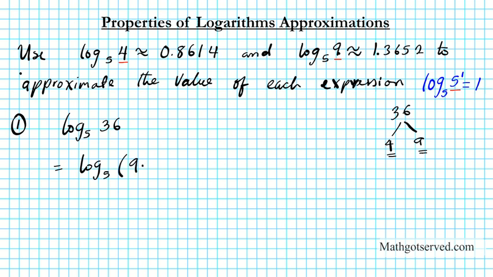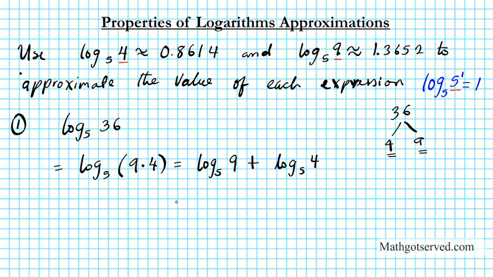Now we're going to use the product property of logarithms, which states that the product of the values you're taking a log of can be written as a sum of the logs. So the times becomes a sum: log base 5 of 9 plus log base 5 of 4.